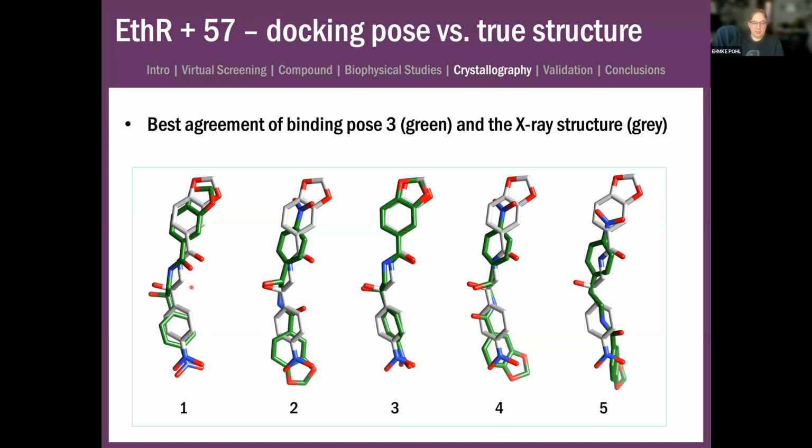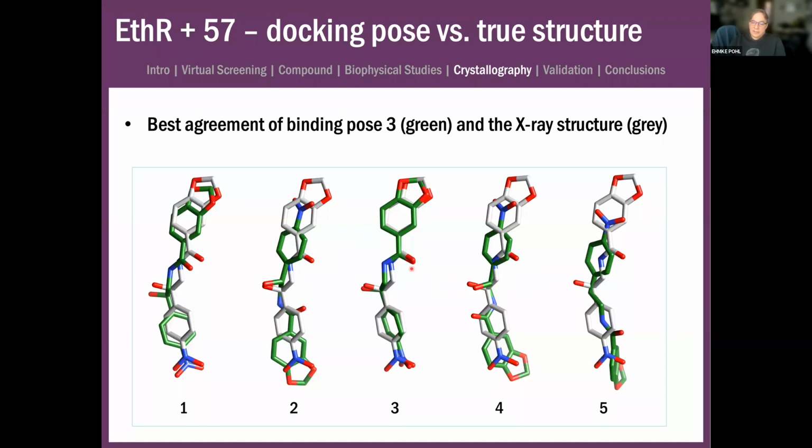Second one, the ligand is turned around by 180 degrees. And it's the third one which is actually really very similar to the X-ray structure. The fourth one and the fifth one, again, really not correct, with the binding pose turned around.